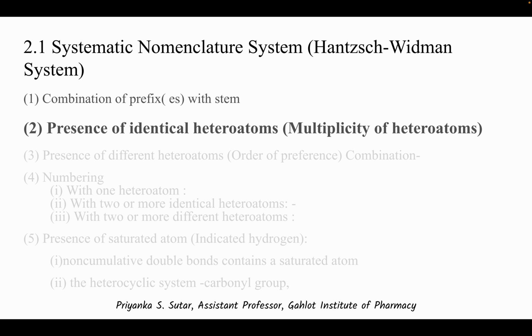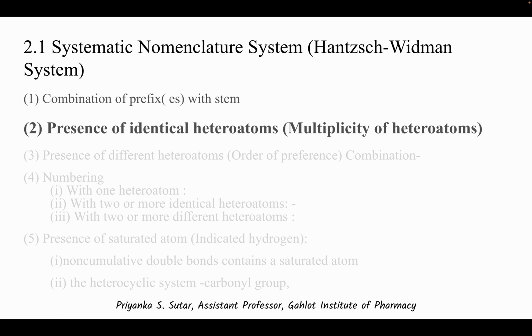Out of that table you have to remember only 3 heteroatoms, and for the stem you have table number 2. So it is very important to learn table number 1 and table number 2 in order to understand the Hantzsch-Widman system.